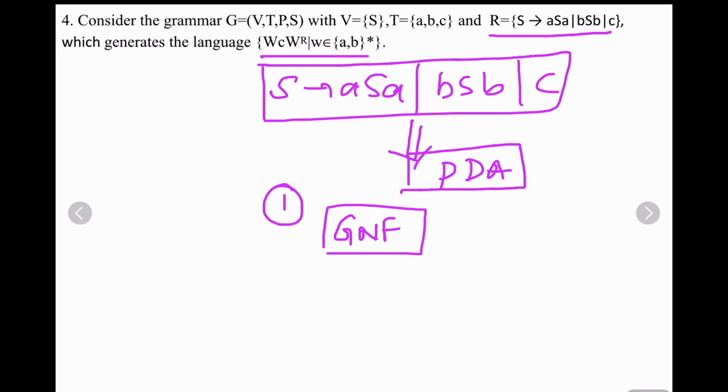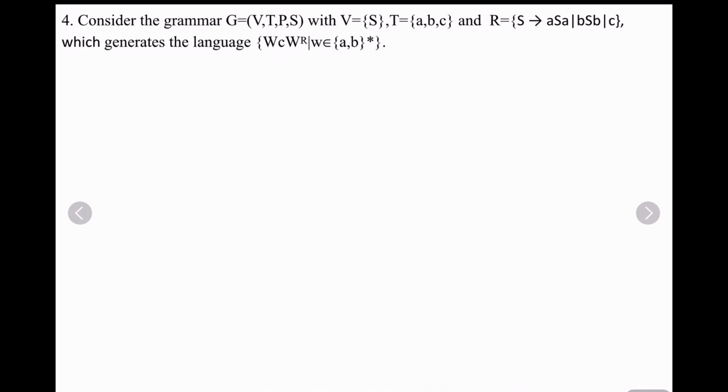But for acceptance by empty stack, you need not convert the given grammar into GNF. The grammar can be in any form, so you can directly start the conversion from CFG to PDA.